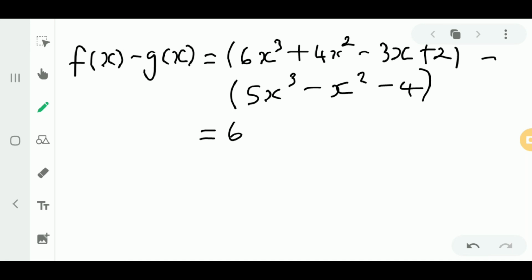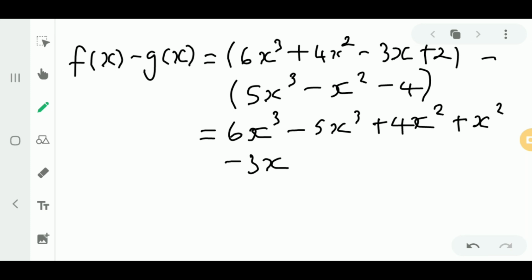So we have 6x cubed minus 5x cubed. So we're grouping our like terms and removing the brackets all in one. Plus 4x squared minus x squared, that gives you plus x squared, minus 3x, plus 2 minus 4, so that's plus 4.